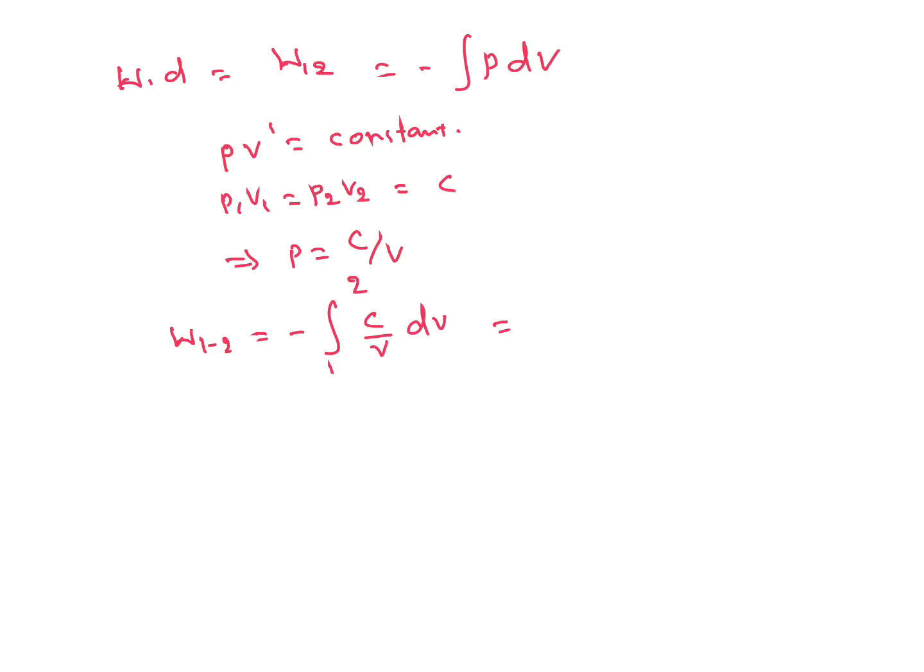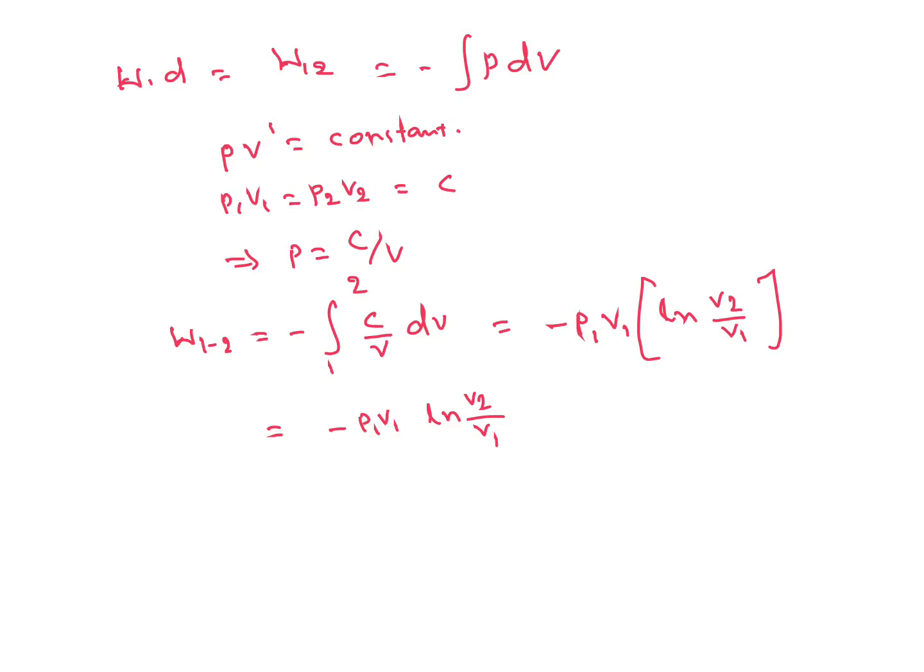So minus C, whose value is P1 V1, then integration of dV by V is ln V2 by V1. So you will get minus P1 V1 ln V2 by V1.